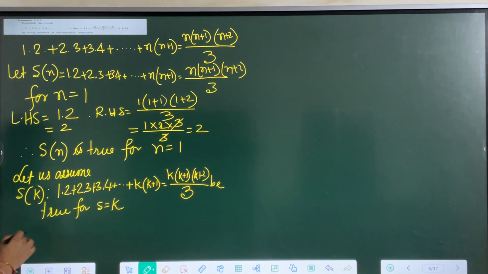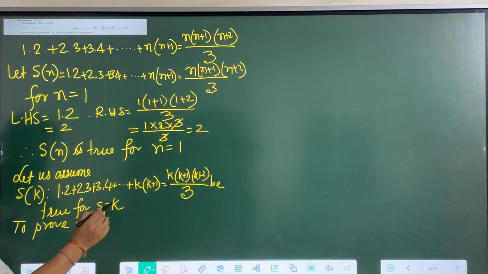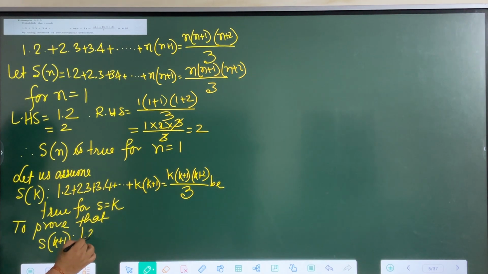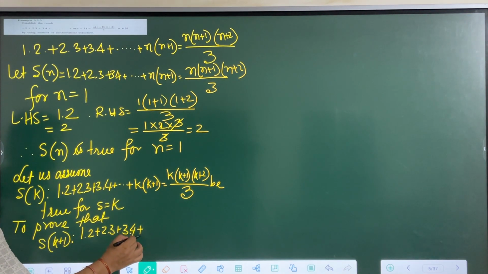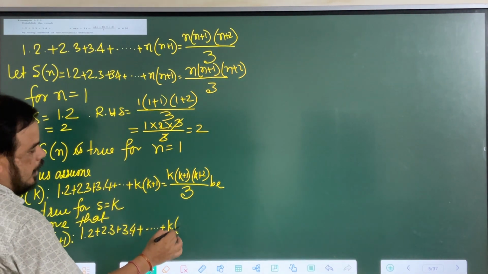Now let me write here only to prove. What to prove? That Sk plus 1, what is Sk plus 1? Sk plus 1 means first term let us write as it is, second term write as it is, 3 into 4 plus k into k plus 1.